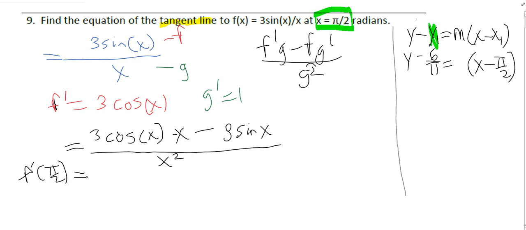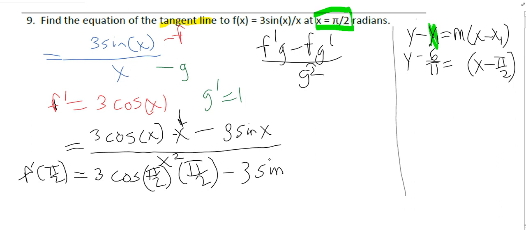So at pi over 2 we have 3 cosine of pi over 2 times this x, which is also pi over 2, minus 3 sine of pi over 2, all over the quantity pi over 2 squared.